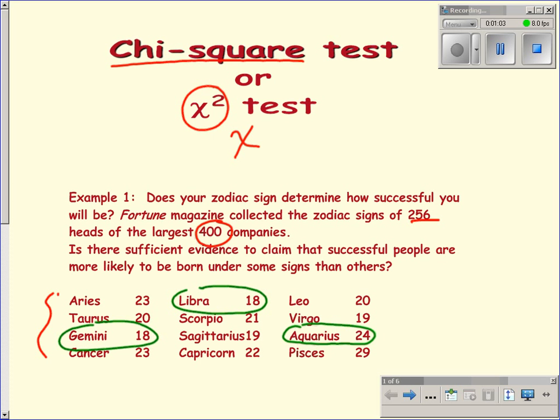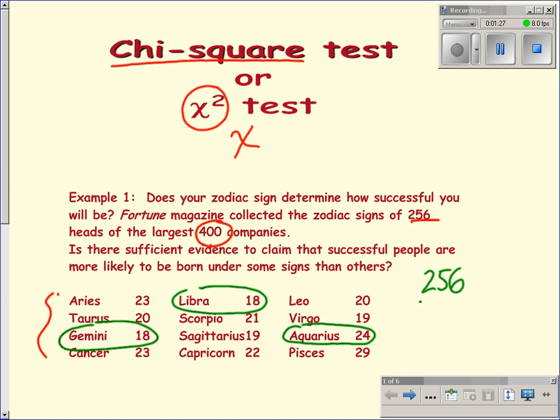And our question here is, are these zodiac signs, and therefore the time of year that the CEOs were born, equally distributed, uniformly distributed, or are there times of year where it's more likely that a CEO was born? There were 256 different CEOs represented here. How many should we expect to see in each group if these were equally distributed?